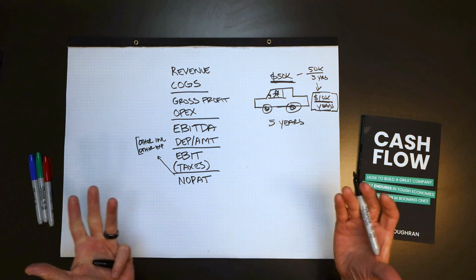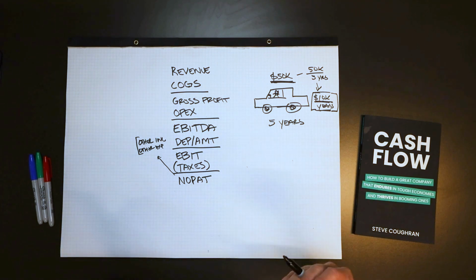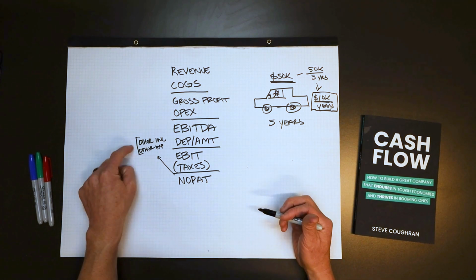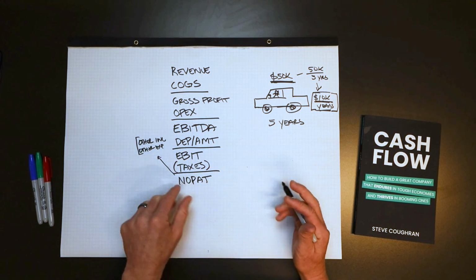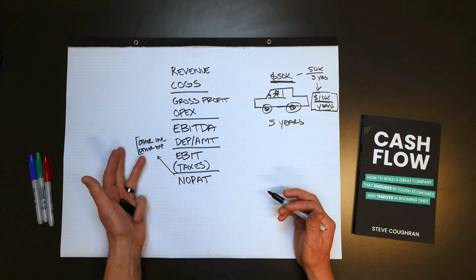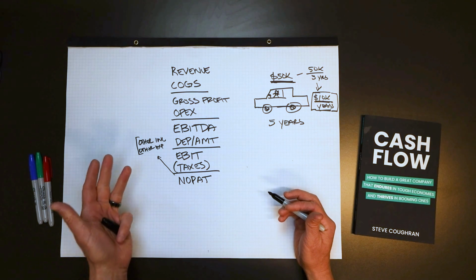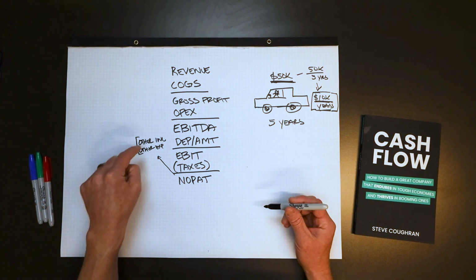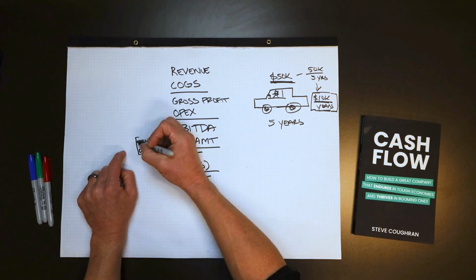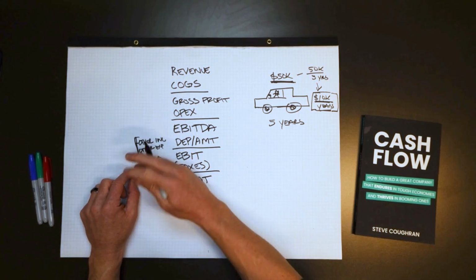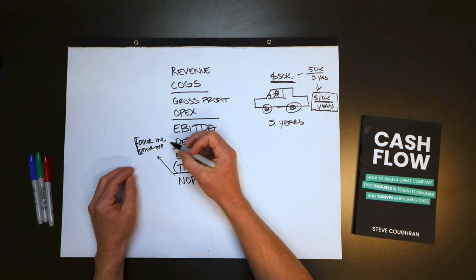And unless you're a bank in the business of earning interest as revenue, you're going to exclude it. The same thing is true with interest expense, right? You're going to exclude that. Let's say you have a gain on a sale of a piece of equipment or some type of asset. You don't want to record that gain down here. You want to record the gain here in other income, which is not operating, unless you're in the business of selling equipment, right? So we want to include everything that's not core to the business over here.